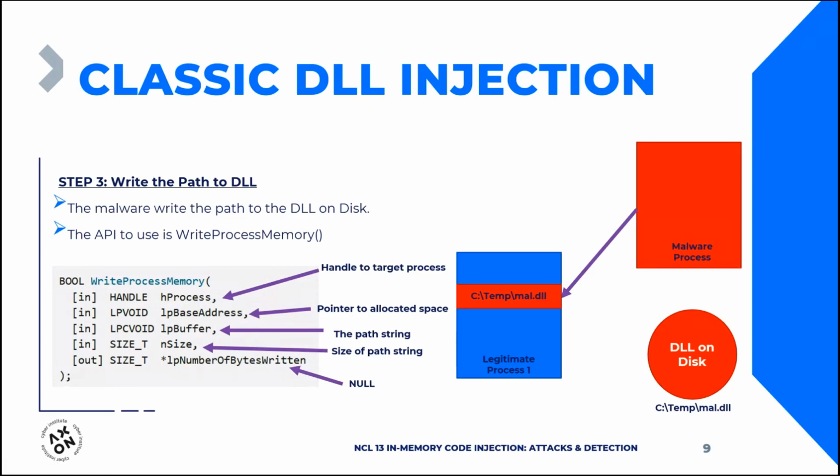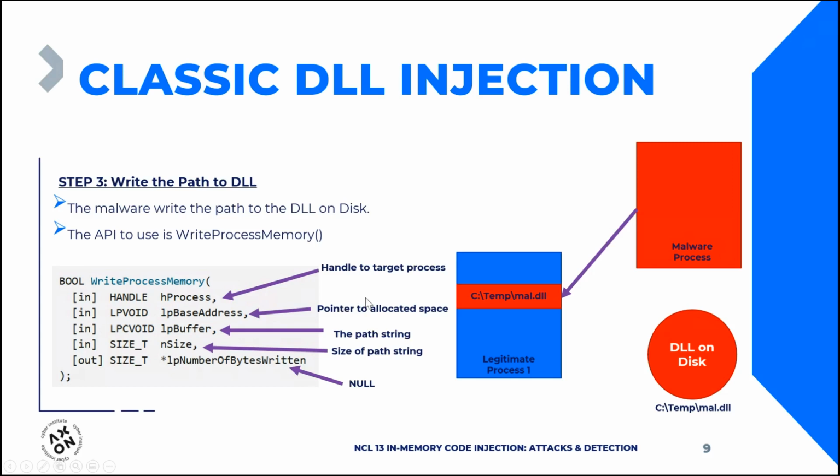And we're gonna give it a pointer to the allocated space, and that pointer was returned to us by the VirtualAlloc previously. And we're gonna give it the string itself, the buffer that contains the C:\temp\mal.dll, and then the size of that string, which is the same size, the 50 bytes in our example from the previous VirtualAlloc.